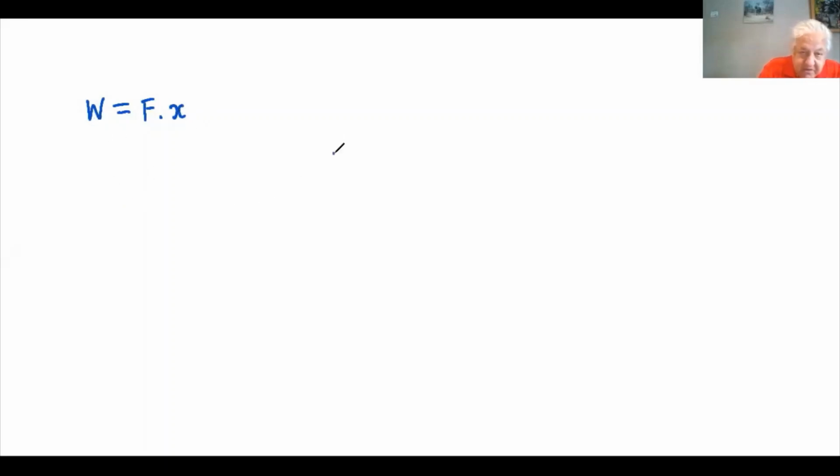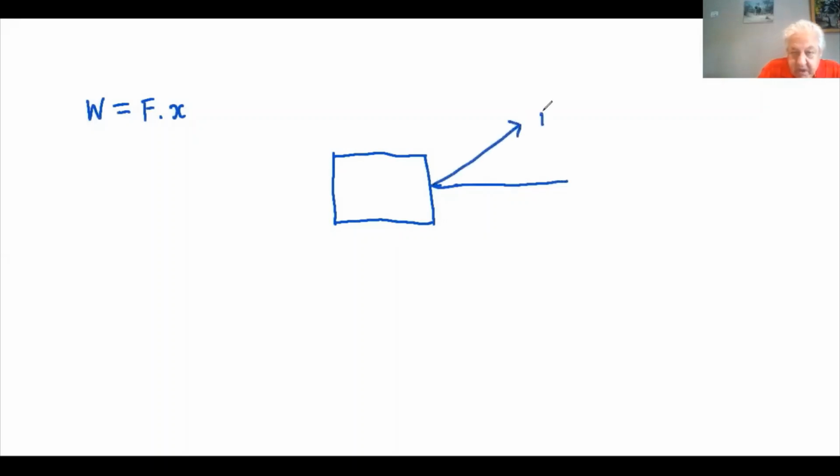Now when we have a force acting at an angle to the horizontal, angle theta, as we have said, I resolve the force into horizontal and vertical components.